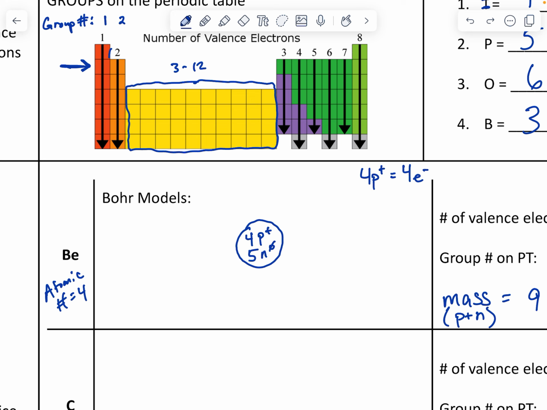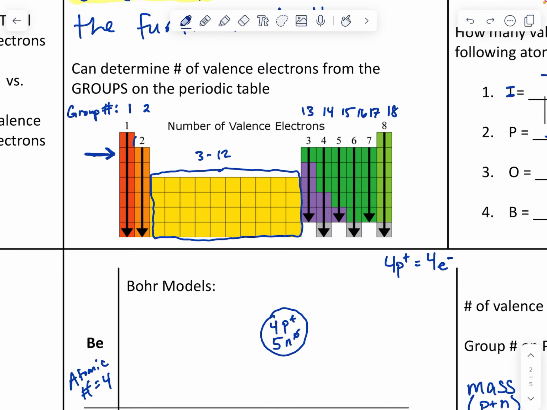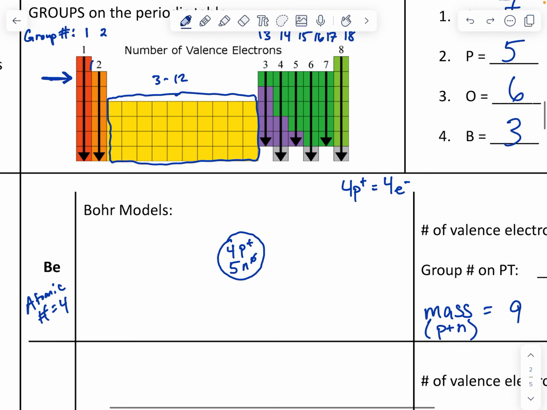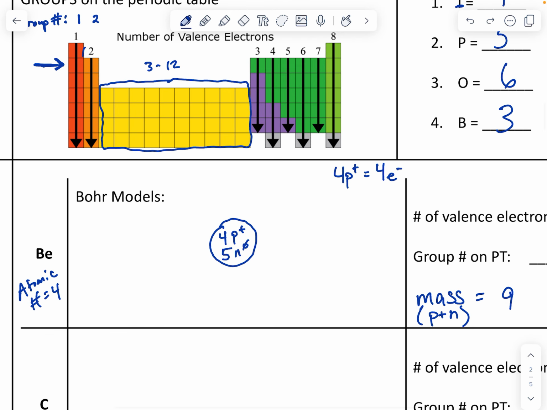When you're talking about how many shells you need, you have to effectively read the periodic table like a book, and you can see that in this first row, there's only 2 elements present. That tells you that in the first energy level, or the first shell, only 2 electrons are able to fit. So we'll put 2 electrons there on that first shell.